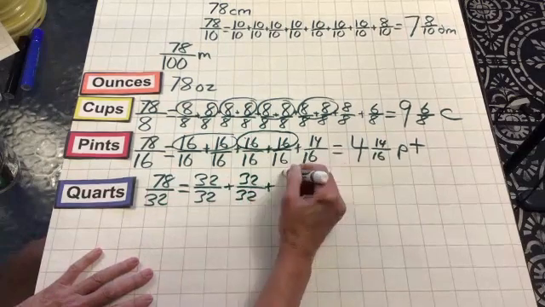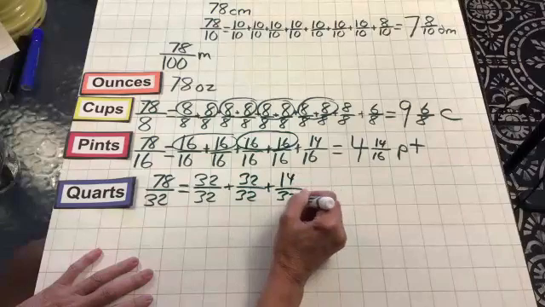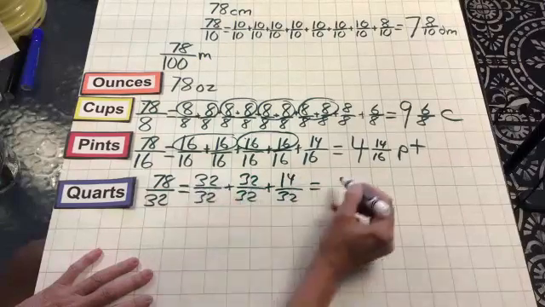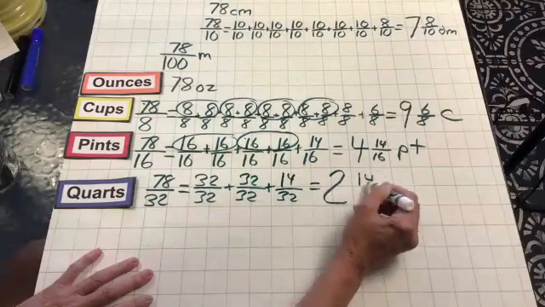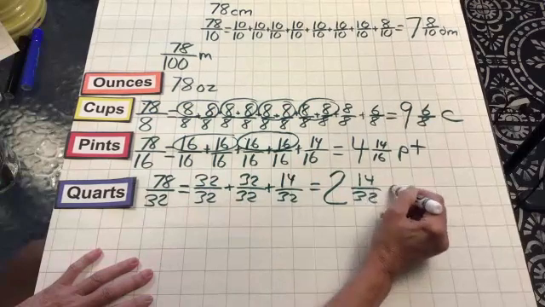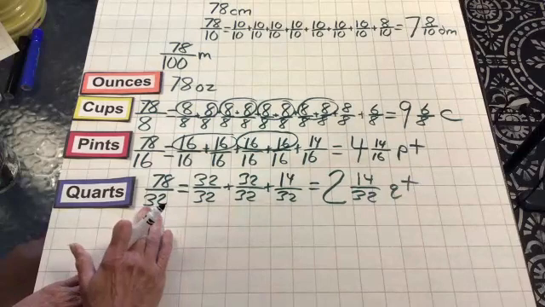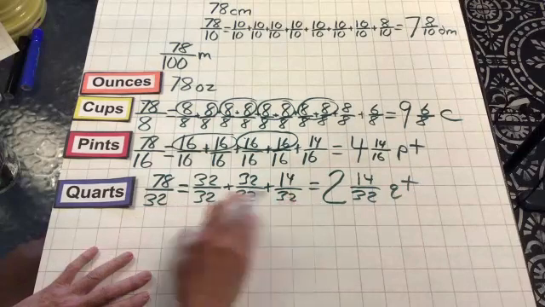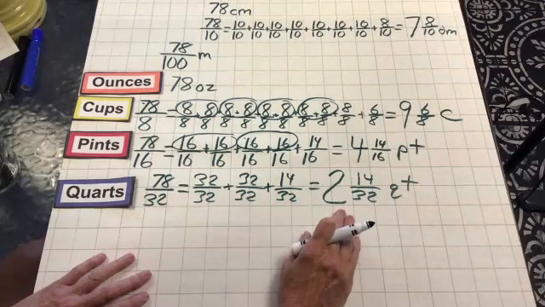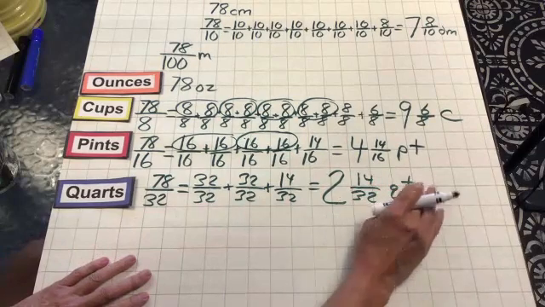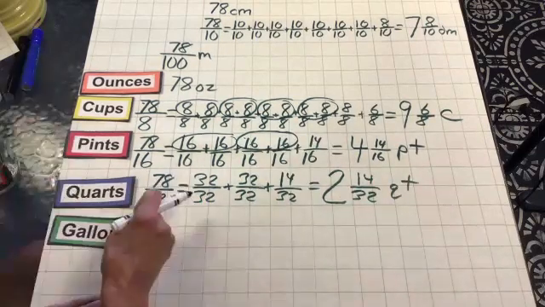And then we have 14 out of the 32 for that. So we have 1, 2 whole and 14/32 quart. Going for our improper fraction, breaking it apart into sets so we can see, we can break it into 2 and 14/32 quart.